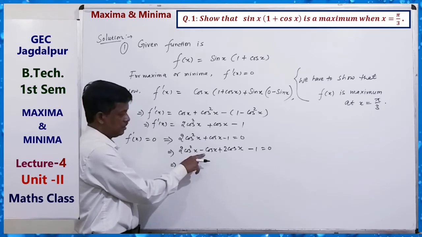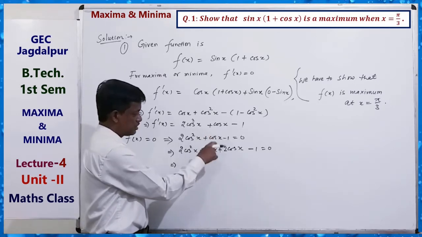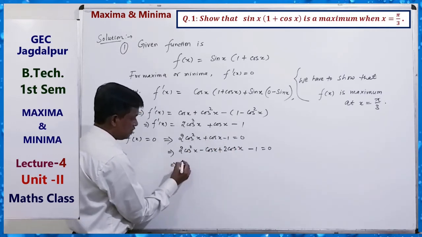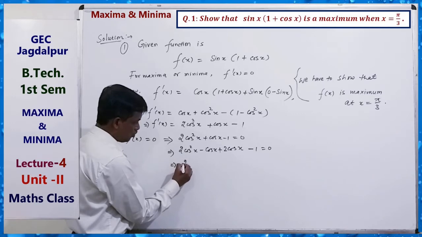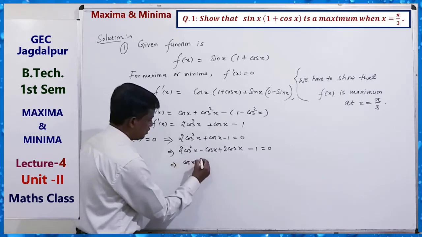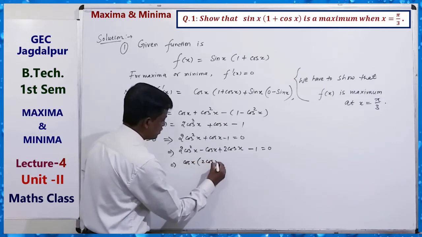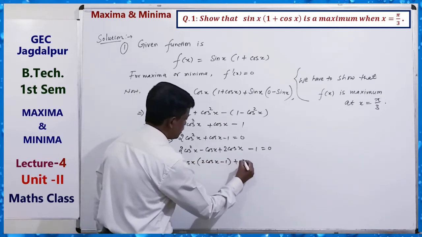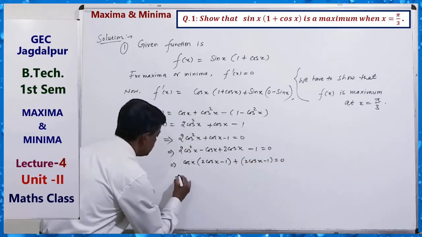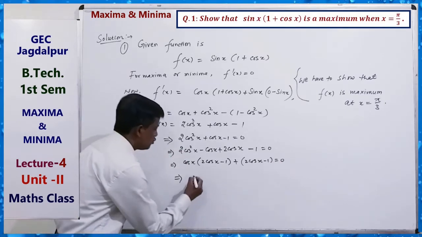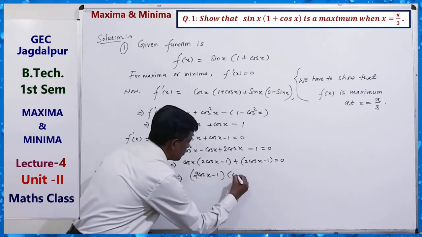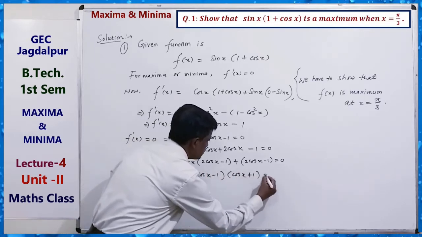Here 2 cos x is common: 2 cos x times cos x plus 1, minus 1 times cos x plus 1, equals 0. So from here you get 2 cos x minus 1 into cos x plus 1 equals 0.